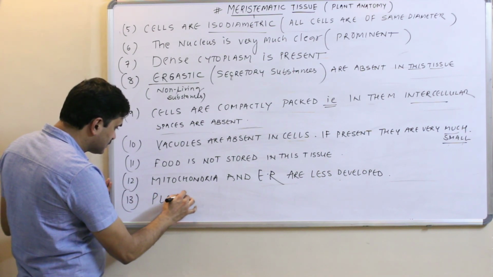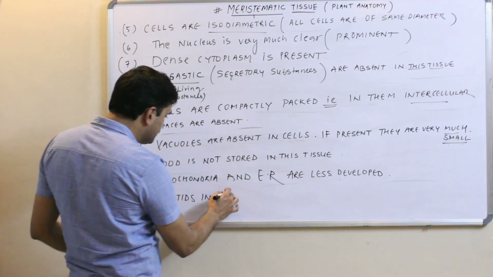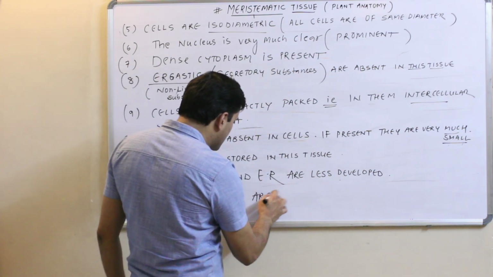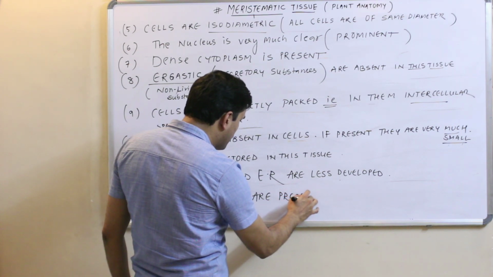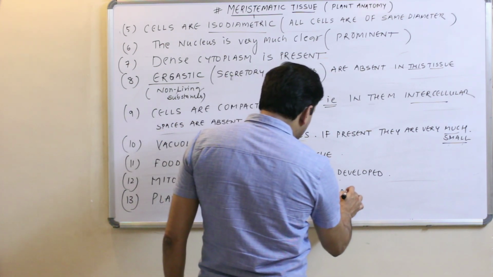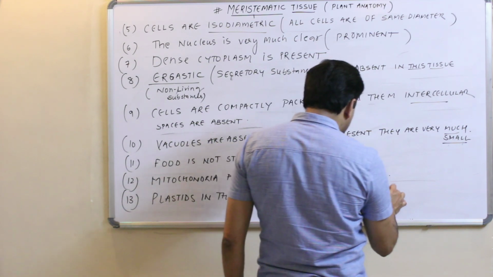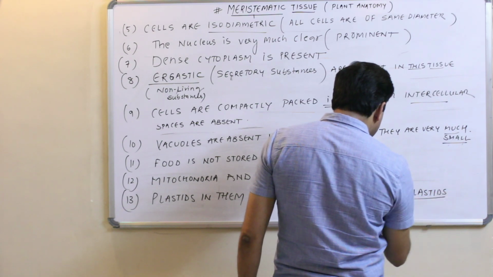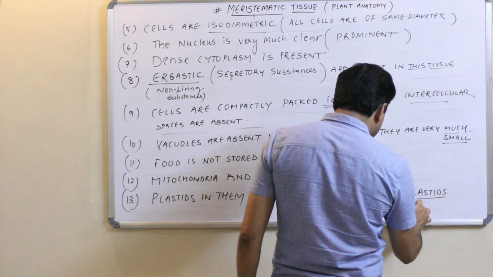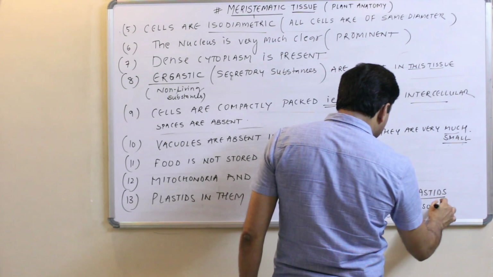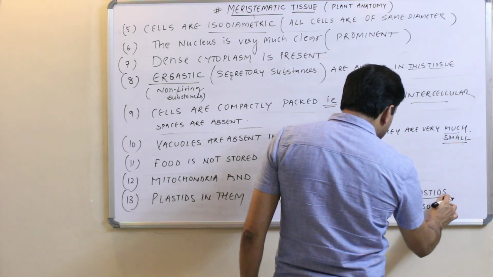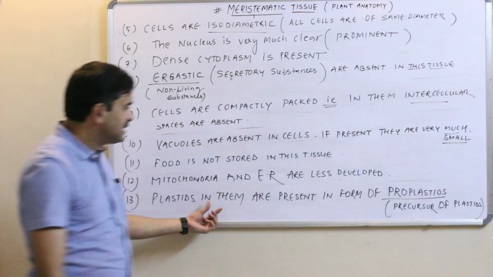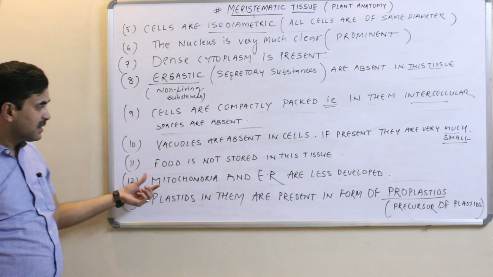Plastids in them are present, very very important, in form of proplastids. What are proplastids, beta? Precursor of plastids, from which plastids are formed. Plastids in them are present in the form of proplastid.